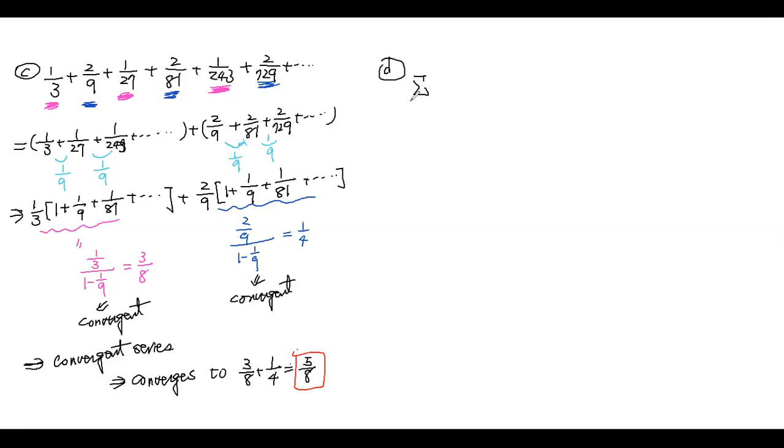So this is the sum from n equals 1 to infinity of negative 0.2 to the n, plus 0.6 to the n minus 1. Both of them are geometric series, right? We just need to be a little careful about the terms. So let's separate this one out. This is the summation from n equals 1 to infinity of negative 0.2 to the n, and this is the summation of 0.6 to the n minus 1.